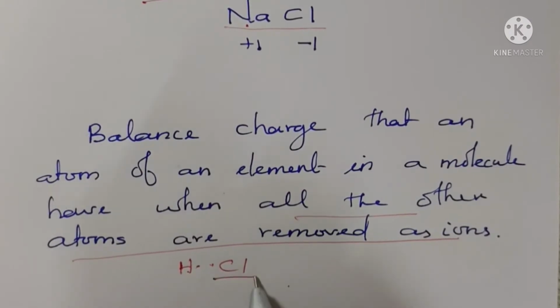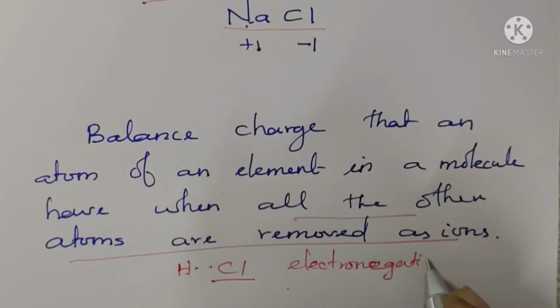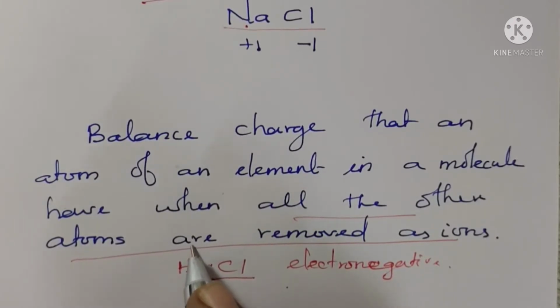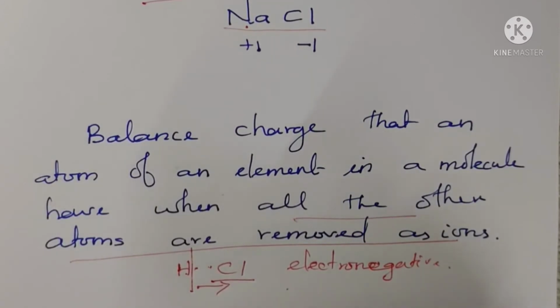We know that chlorine is more electronegative than hydrogen. Therefore, when it is removed from hydrogen chloride, it will take up the shared pair of electrons.